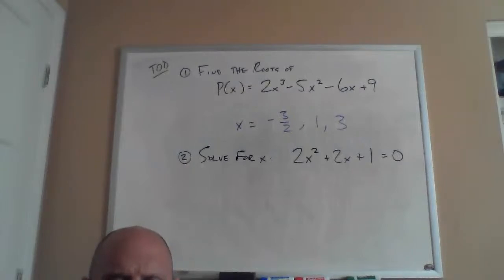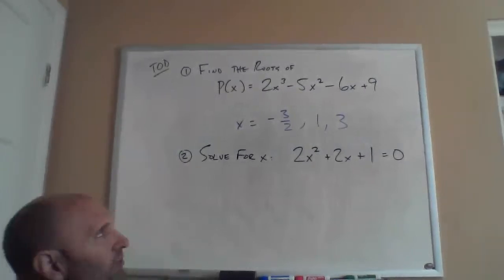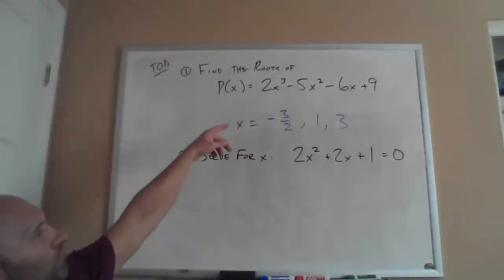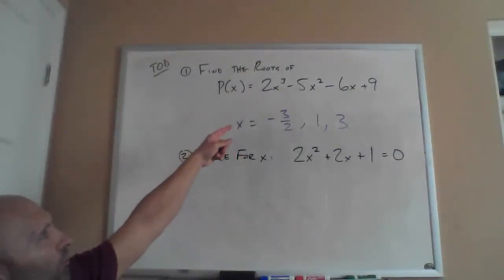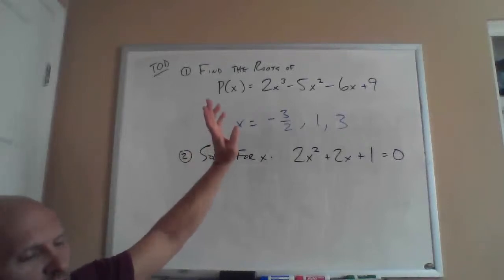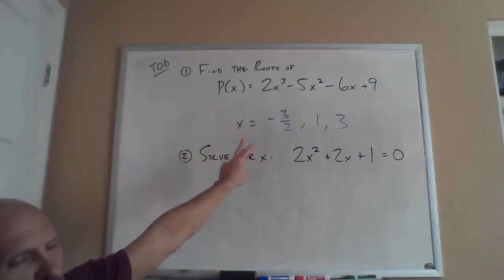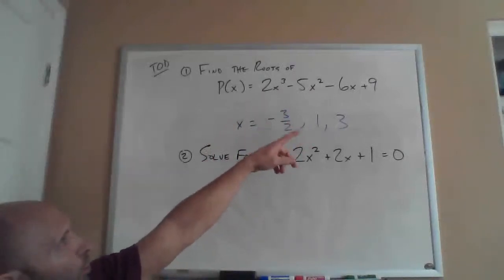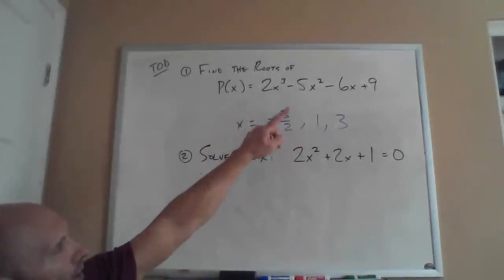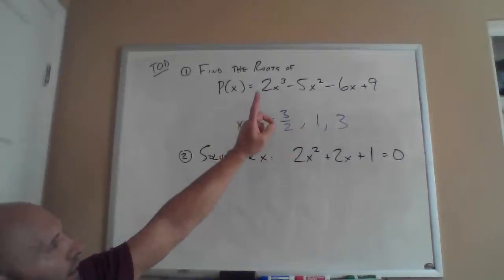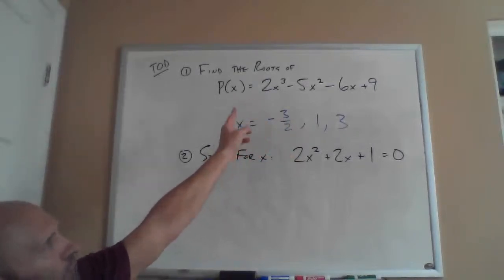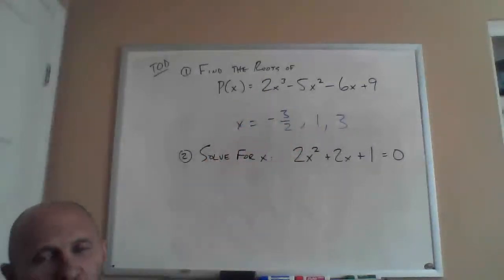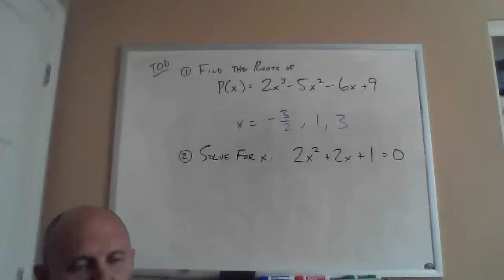Okay, so it's still the same. It's just now instead of ones as your coefficient with the 2, you're going to have 1 and 2 as the factors for the coefficient. So you're going to have 1 over 1, 3 over 1, 9 over 1, and then 1 over 2, 3 over 2, 9 over 2 as your possible roots.